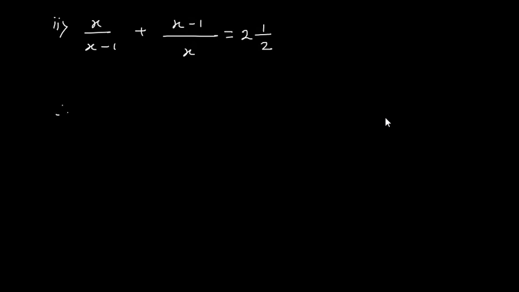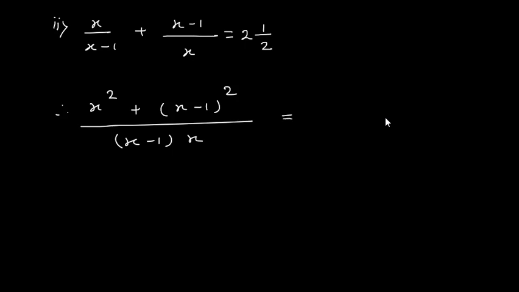So therefore x into x you get x square, plus x minus 1 into x minus 1 you will get x minus 1 the whole square, and the denominator will be x minus 1 into x, and on the right hand side 2 into 2, 4, plus 1, the whole divided by 2.